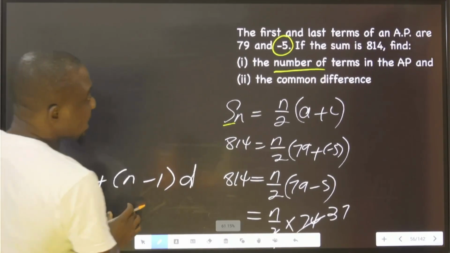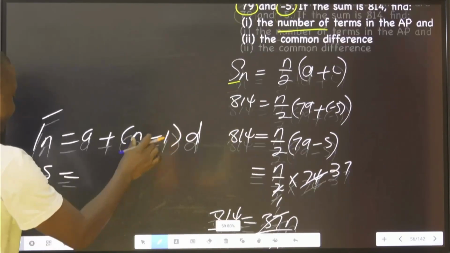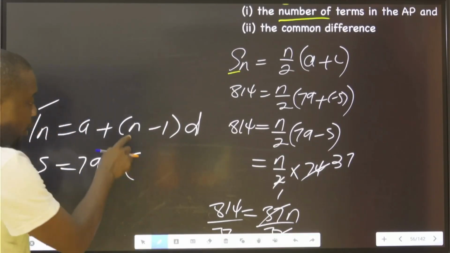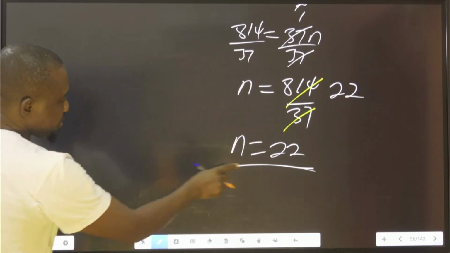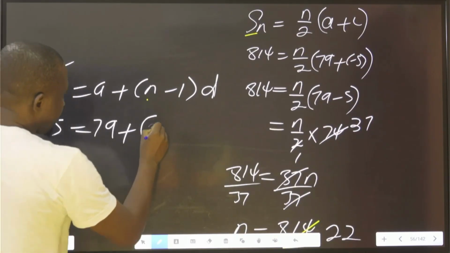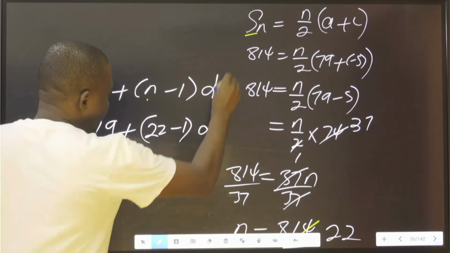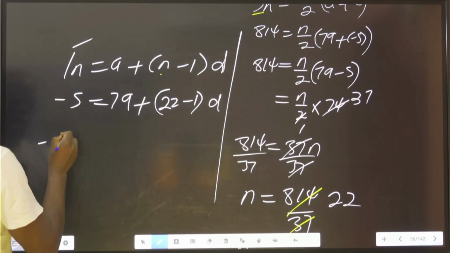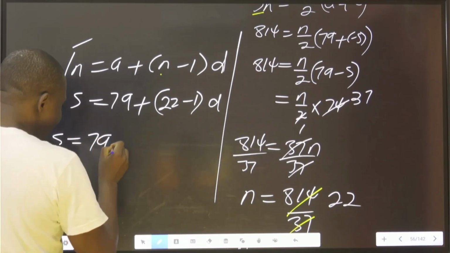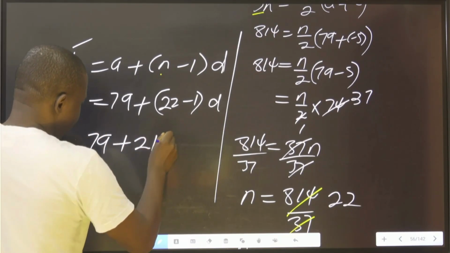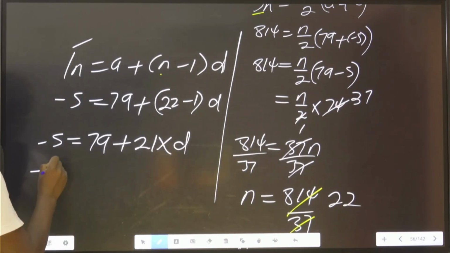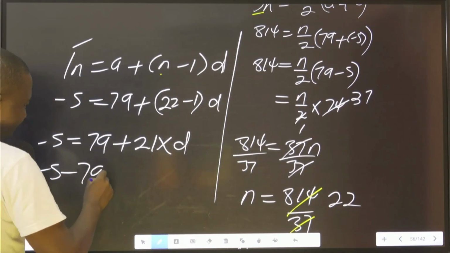What was the first term? It was given to us 79. Do we know the number of terms now? Of course, 22. Now we can find d. So minus 5 equals to 79 plus 21 multiplied by d. Minus 5 minus 79 equals to 21d.